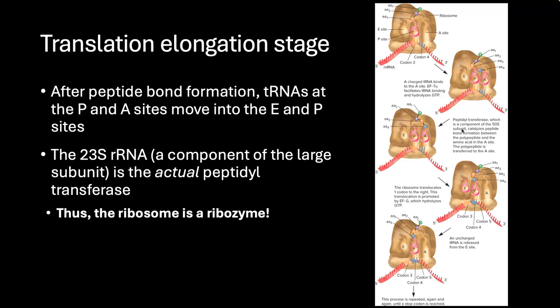This then slides into the P site, where the newly arrived amino acid is added to the growing chain of amino acids. Once this amino acid is added to that growing chain, the now uncharged tRNA slides into the E site, where it is subsequently ejected. tRNAs proceed through this process, depositing their amino acids in an ever-lengthening chain in the P site.